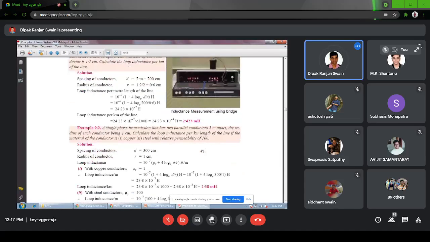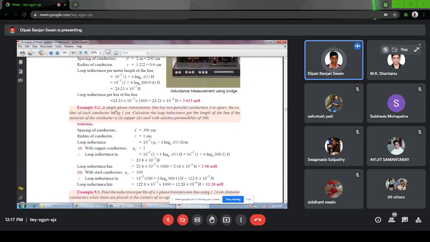Okay. Similarly, if you see the next problem, a single phase transmission line has 2 parallel conductors 3 meters apart. So D is given as 3 meters. The radius of each conductor is 1 centimeter. So R is given as 1 centimeter, and D is given as 3 meters. Calculate the loop inductance per kilometer length of the line if the material of the conductor is copper, steel, with relative permeability of 100.